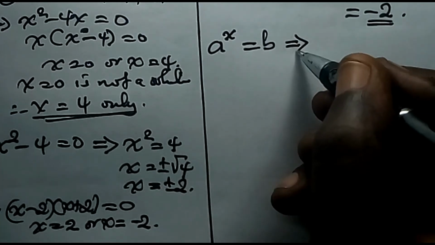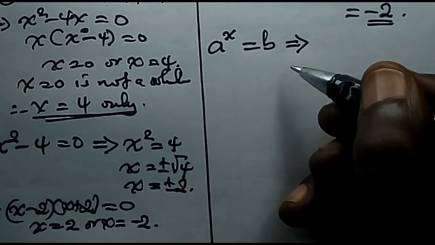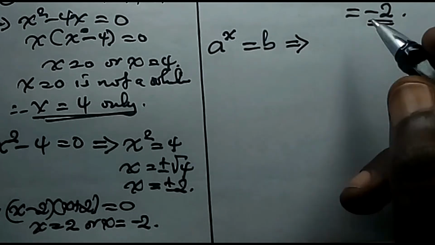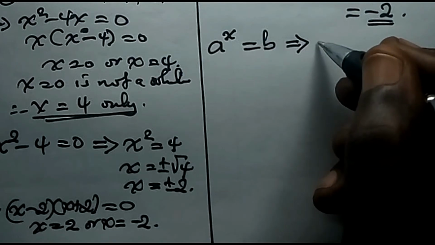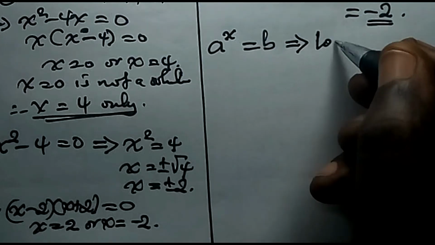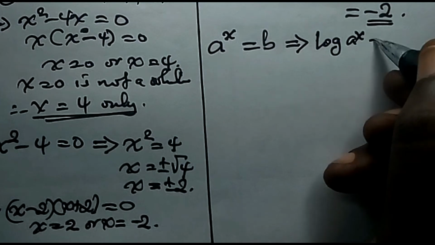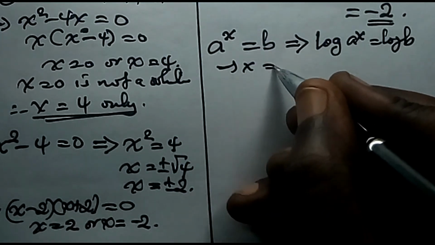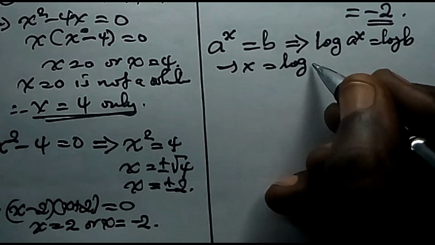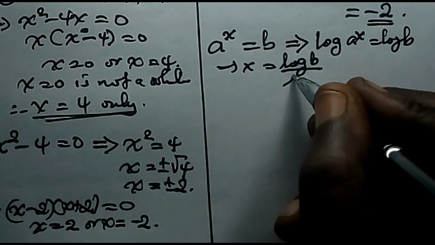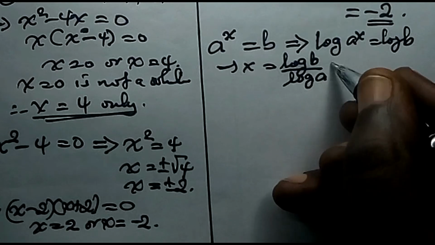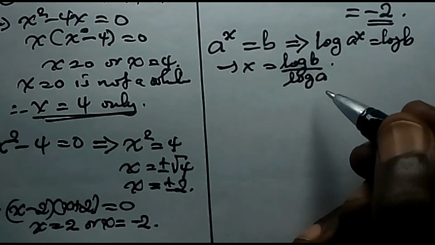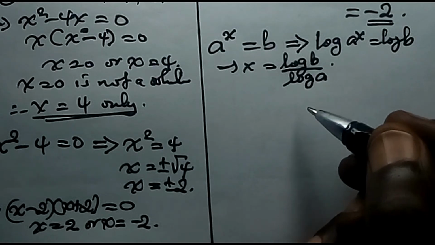I would have to use logarithms if a and b have no common base, so that log a to the x would be equal to log b, and x would then be log b all over log a. I could still use natural logarithms, and it would go here.